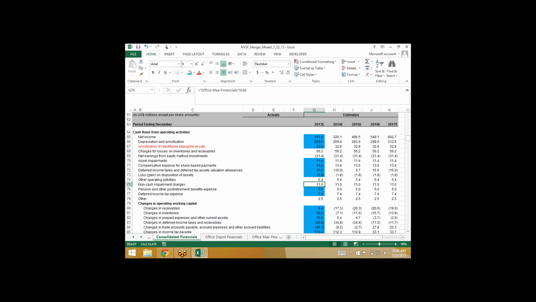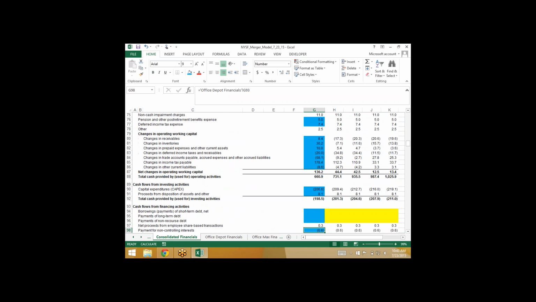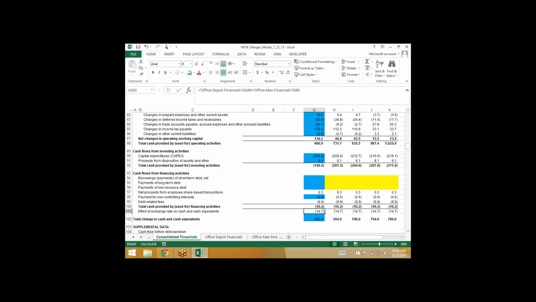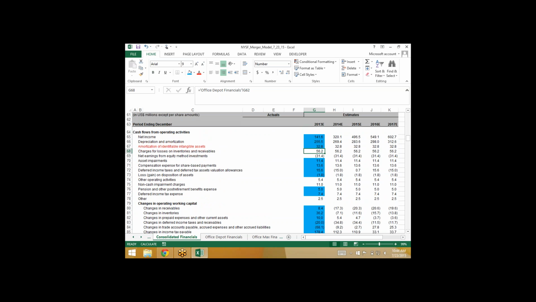Non-cash impairment charges. Other is going to go into other, of course. Employee share-based transactions, debt-related fees, etc. Okay. Any ideas as to where those can go?